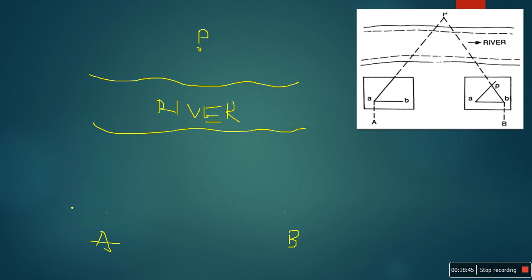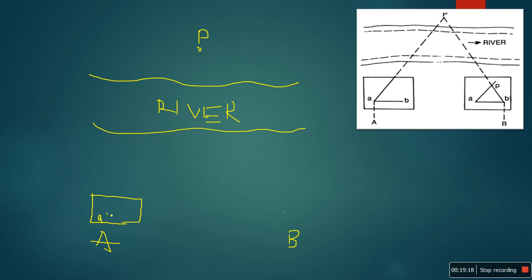First step, set up your instrument over station A, then complete all the leveling and centering of the instrument. Then, by using a plumbing fork, transfer the ground station A to the plane table drawing sheet and mark it as small a.